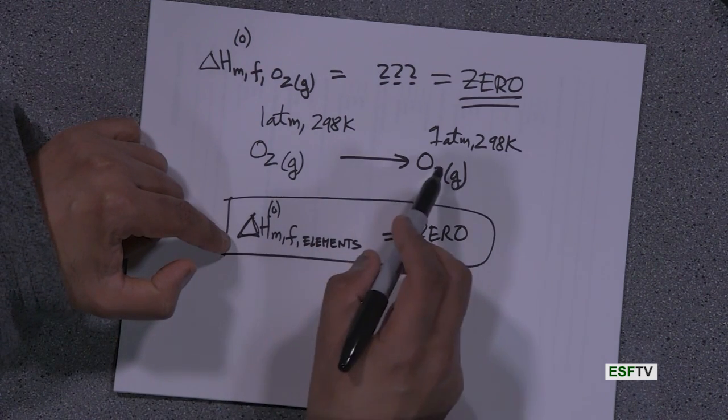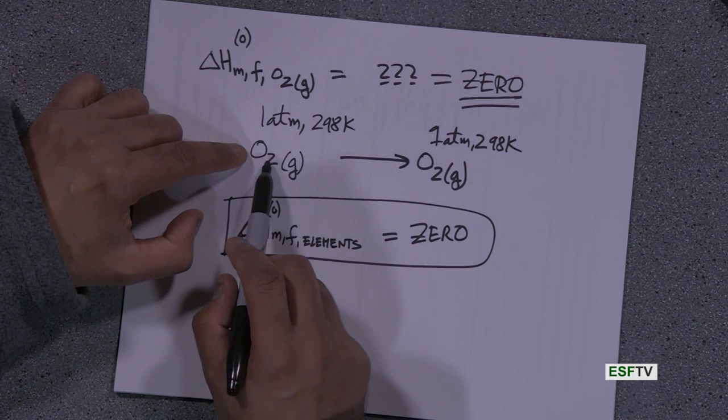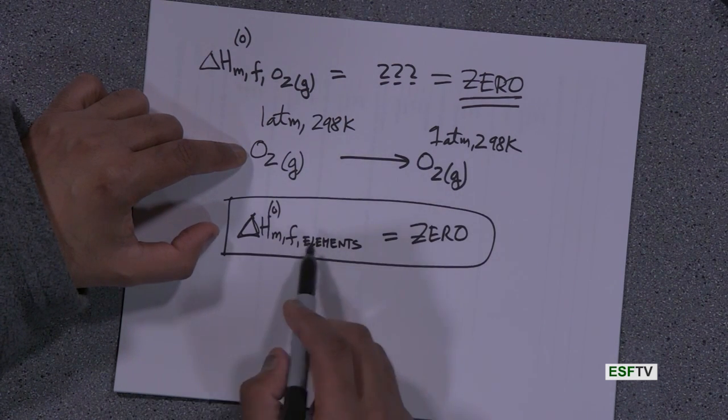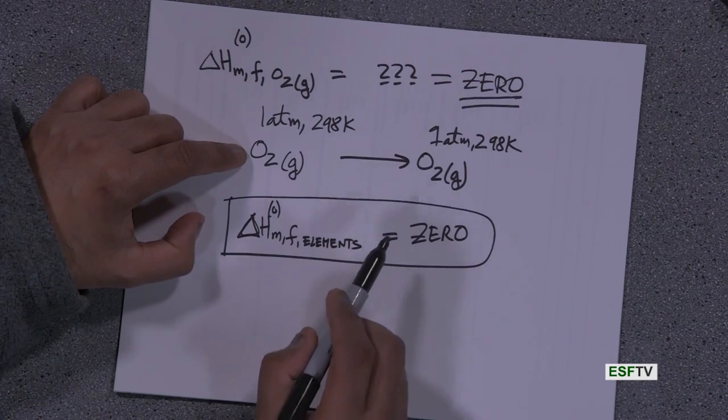Because the reaction in which the element is going to be formed is, well, the element itself, and both left and right hand side are in their standard states. So the delta H of formation for elements is 0.